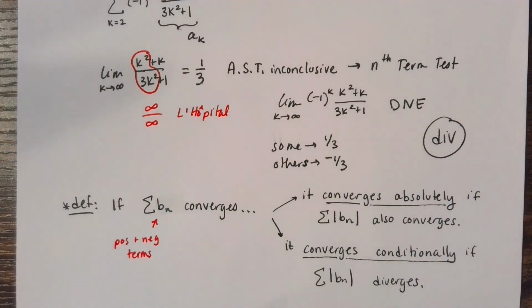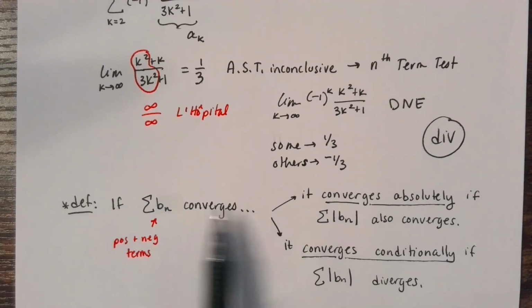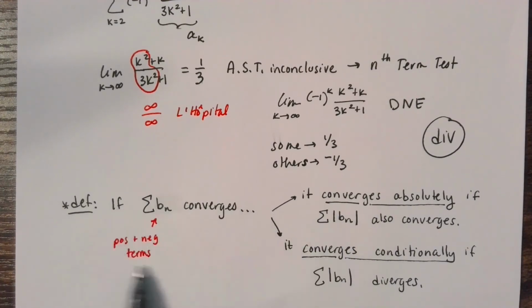Okay, so if the BNs are all positive, then it's just convergent and definitely absolutely convergent, because this and this would be the same thing. So this is really only interesting when the series has both positive and negative terms, which usually means it's alternating, but we'll see in class there's at least one type where it has all of this going on, but it's technically not alternating.